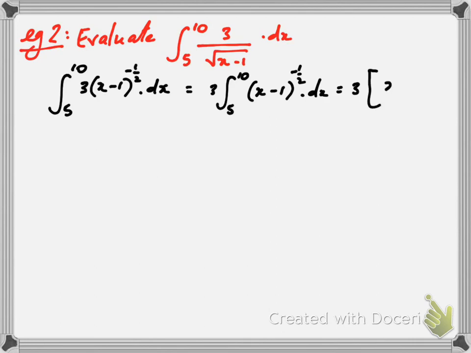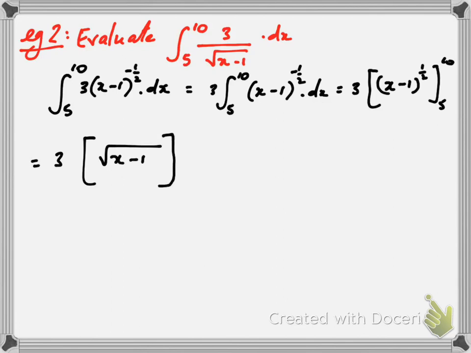You get (x minus 1) to the power half. Minus half plus 1 is positive half. And it goes from 5 to 10. I can put the root back on if you want, which will give you 3 times the square root of x minus 1 from 5 to 10. Let's substitute.